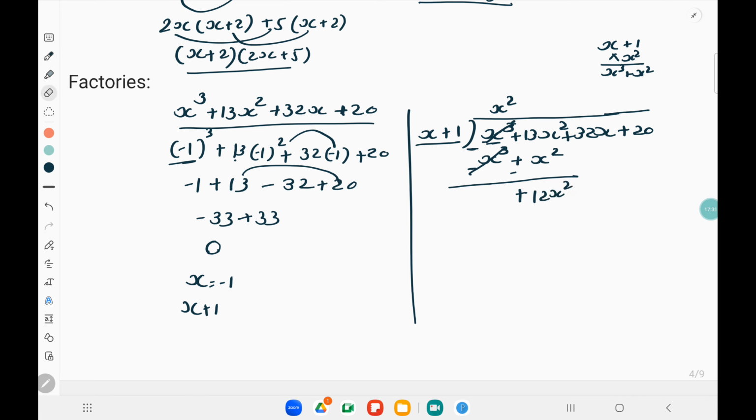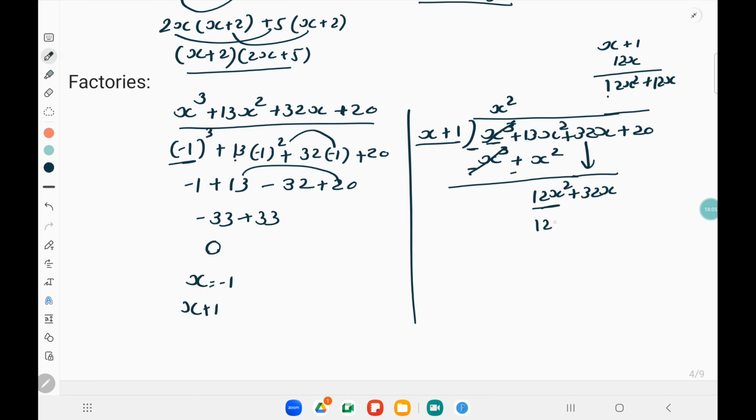At the front there is no need to write the positive sign. And now we bring down 32x, so plus 32x. Now the first term is 12x square. So what do we multiply by x to get 12x square? Multiply by 12x. x times 12x becomes 12x square, and 12x times 1 is 12x.